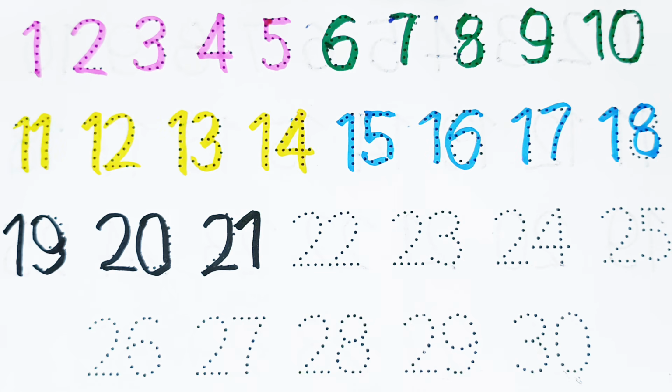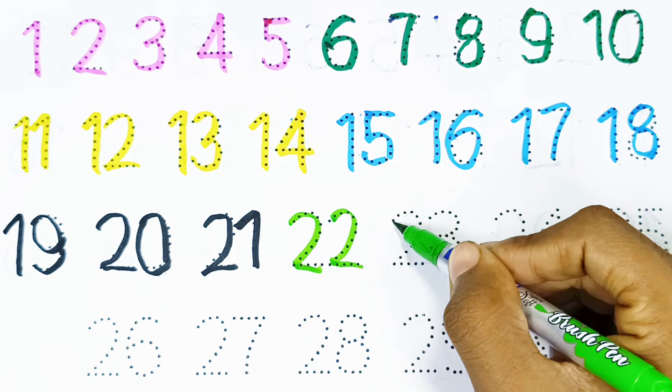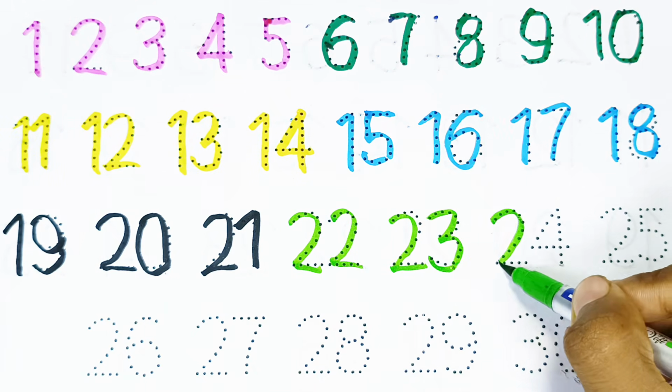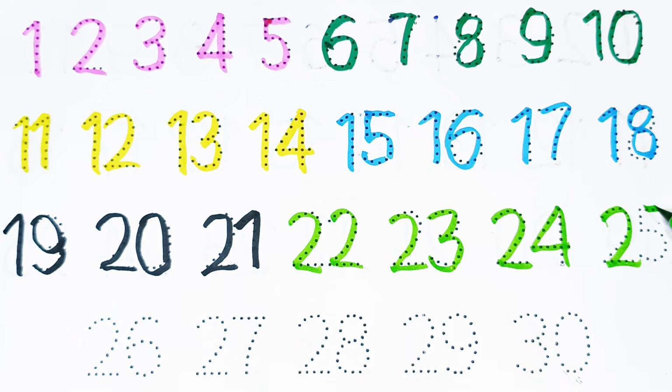Kids, now you draw 22. The numbers of 22, 23, 24, 25. Kids, now you draw 26.